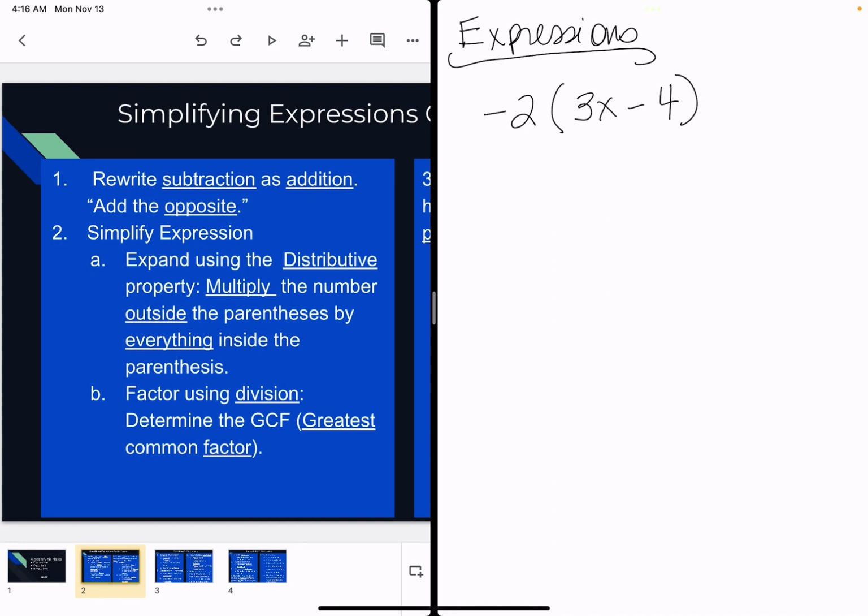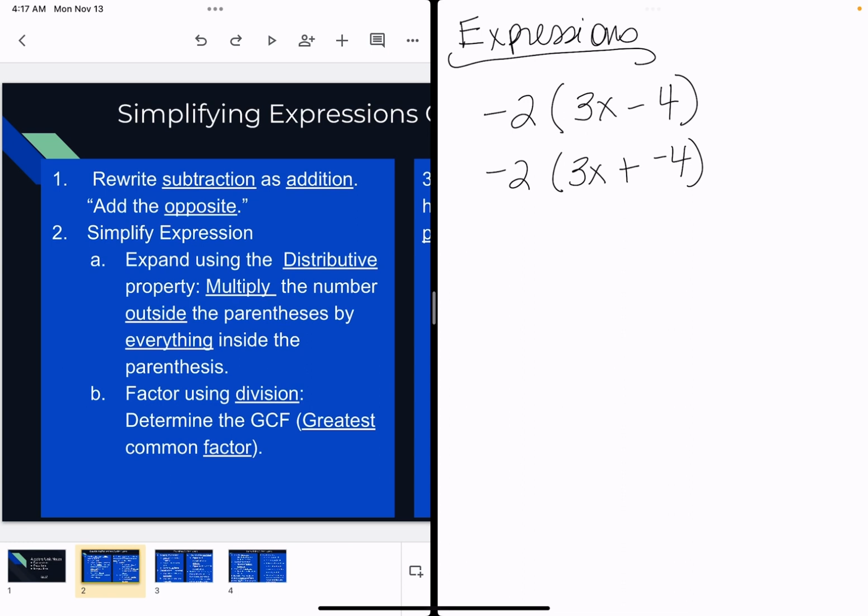When you start to simplify your expression, having that subtraction there, that -4, trying to figure out what that looks like can get confusing. So what we're going to do is rewrite that as -2(3x + -4). And that way, if everything is addition, then when we go to combine like terms, we can easily combine because they're all addition. So rewrite subtraction as addition, add the opposite.